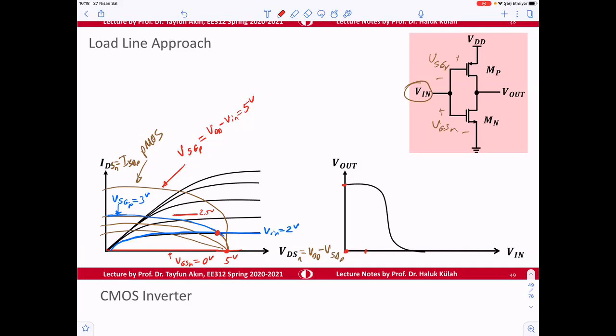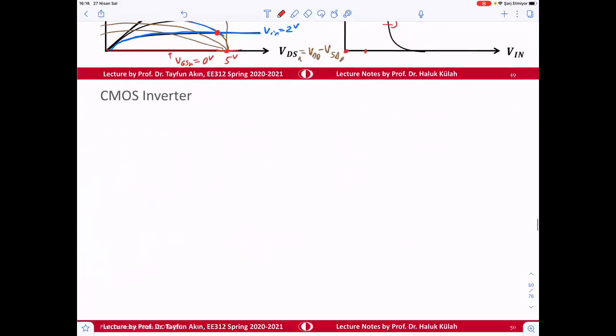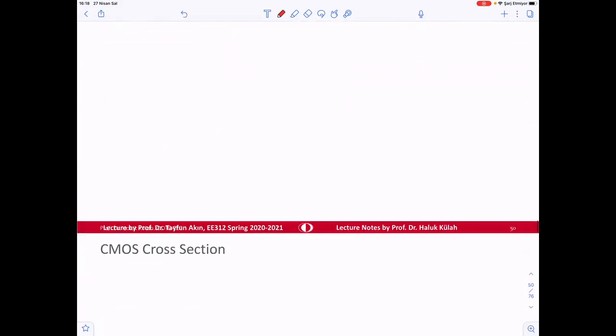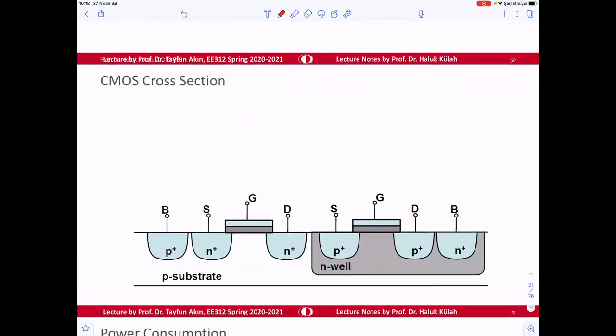So that's what corresponds to this line. This one is going to be the VTN plus VTP line. So I guess this explains the graphical operation, graphical drawing of the device.